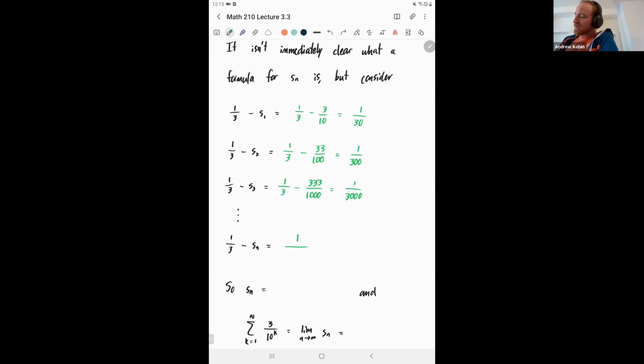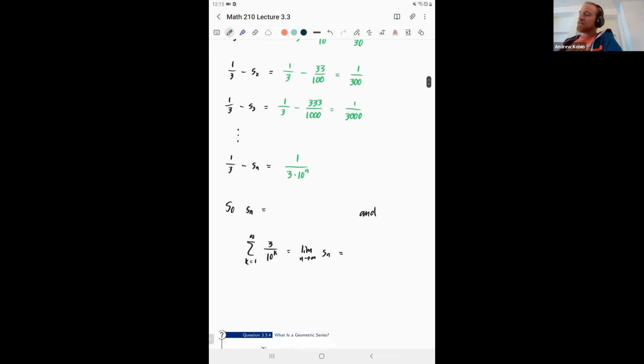There's always a 3 times some power of 10 in the denominator. And what power of 10 is it? Well, it's just 10 to the n if we're using the nth partial sum. Let's just double check. For n equals 1, we got 1/3 times 10 to the 1. Yeah, that was 1/30th. And then we're just adding a power of 10 every time. So this looks pretty good.